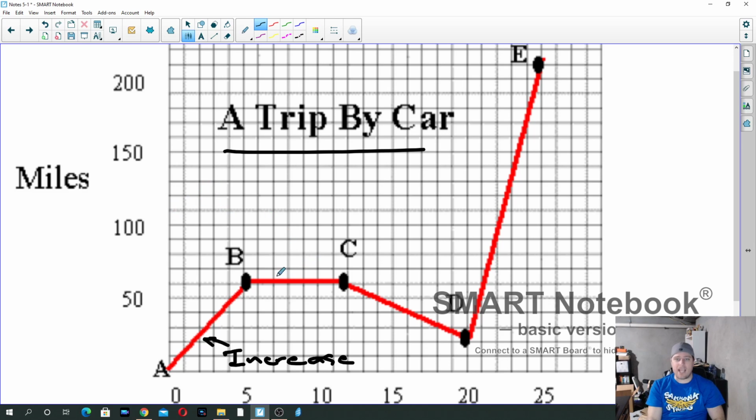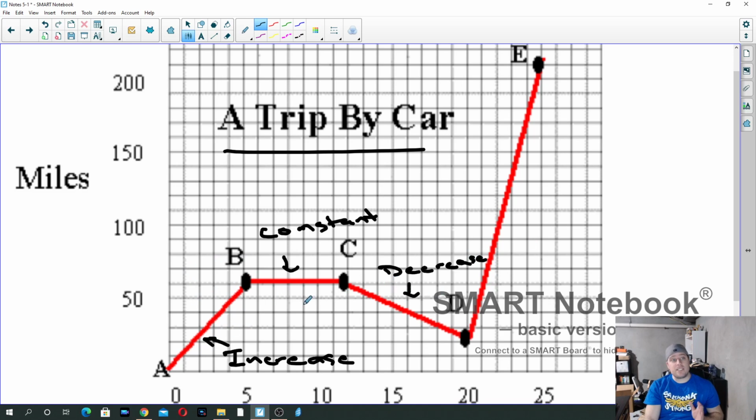Going back this other way, this part here to here is what we call constant. It's staying the same. It's going at the exact same rate the entire time. There's no change. There's no fluctuation. So we have an increase, we have constant, and then of course the last one would be a decrease. Okay?